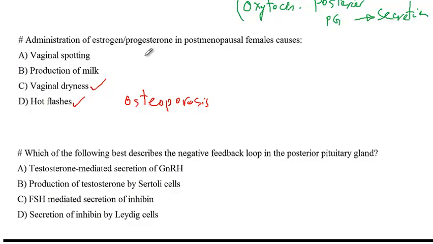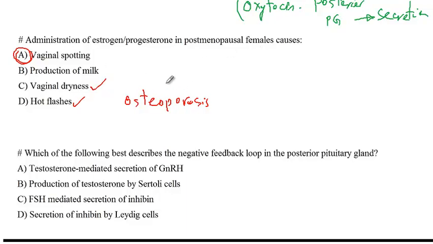Now, what happens if we give them estrogen or progesterone, if we supplement them in postmenopausal females? Well, what estrogen does is that it can again make the lining of the uterus grow, and so consequently there could be some vaginal spotting. Okay, so that would be one of the side effects of estrogen and progesterone supplementation in postmenopausal females.